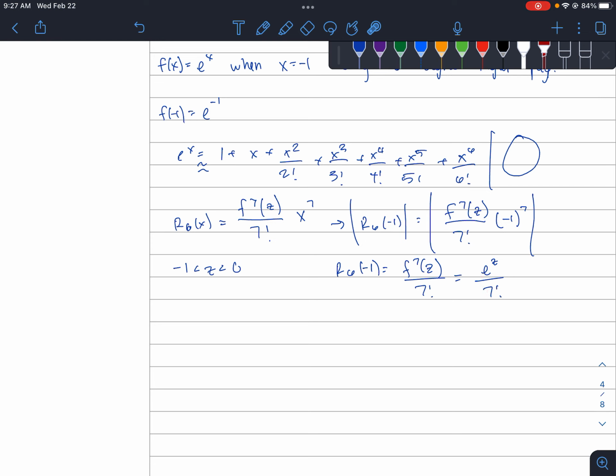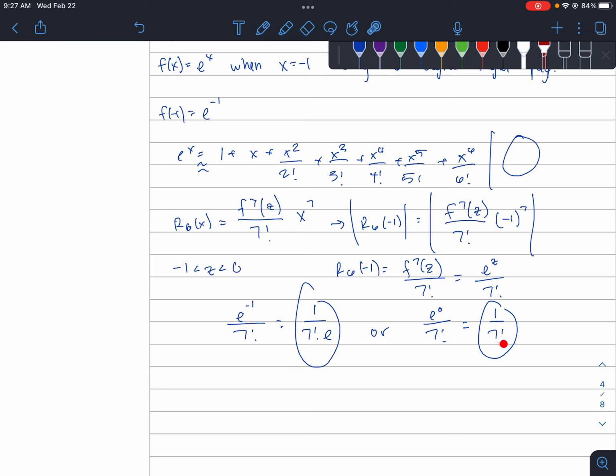If I plug in -1, I'm going to have e to the -1 over 7 factorial, which is equal to 1 over 7 factorial times e. Or I plug in 0, I have e to the 0 over 7 factorial, which is equal to 1 over 7 factorial. So which is larger?